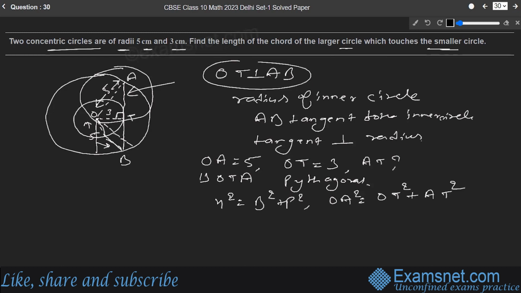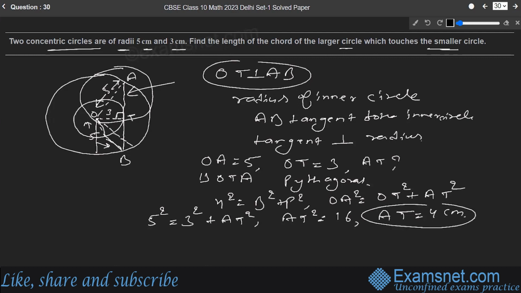The hypotenuse value is already given to us: OA's value is 5. So 5 square is equal to OT square, the radius of the inner circle, plus AT square. If we solve this, AT square comes out to be 25 minus 9, that is 16. So this gives us AT equal to 4 centimeter.